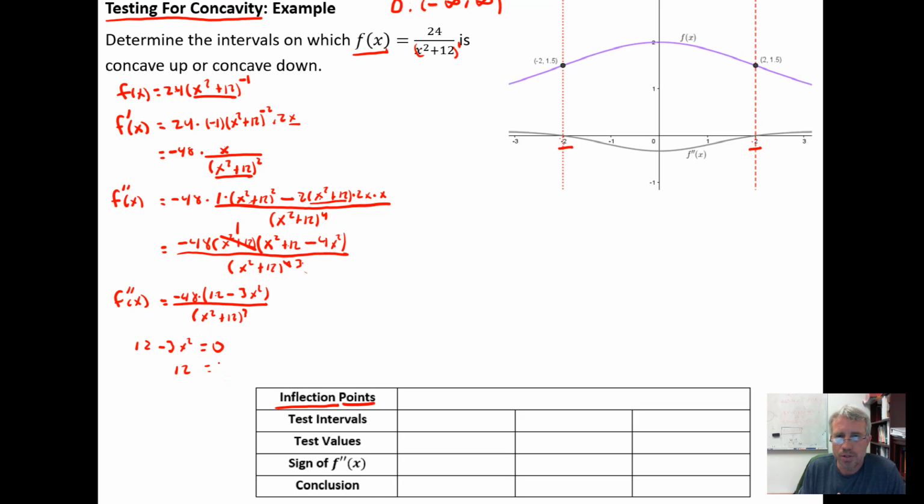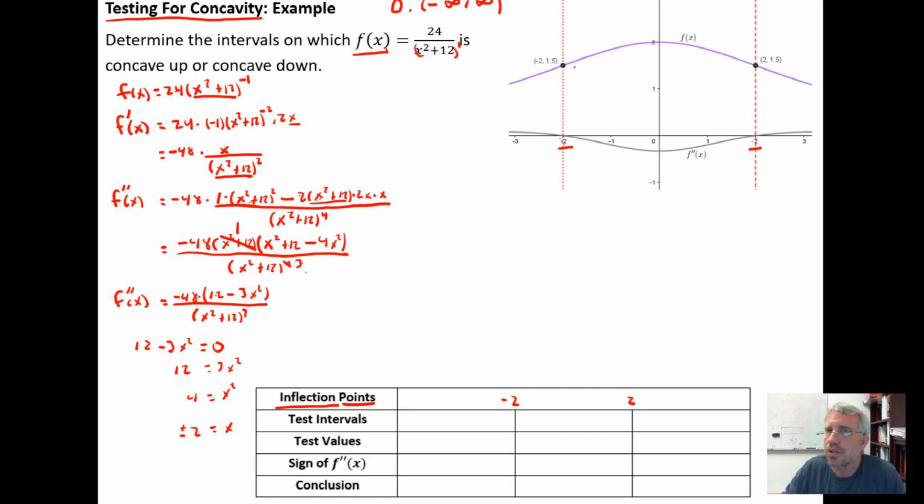Adding the 3x squared to both sides, we get 12 equals 3x squared, and dividing by 3 on both sides, we get 4 is x squared. And then we take the square root of both sides, so we get plus or minus the square root of 4 is 2. So those are going to be the x values for our inflection points. It's going to happen when x is negative 2 and x is 2.